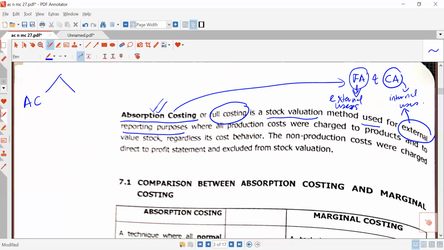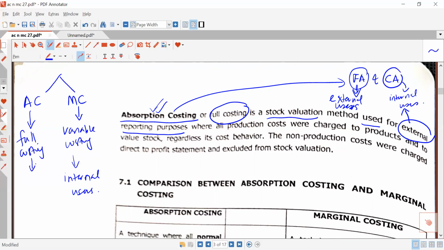One is called AC, another is called MC, and another name for MC is variable costing, which is used for internal users. Meanwhile, another name for AC is full costing, where the preparation of absorption costing is for the purpose of external users.